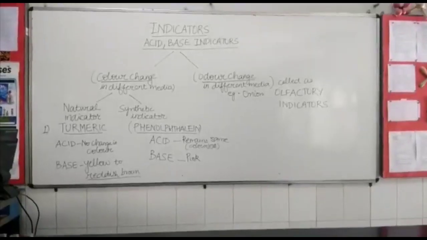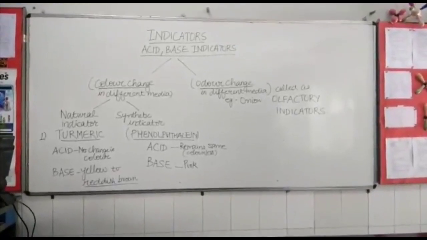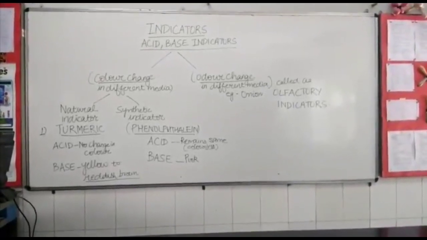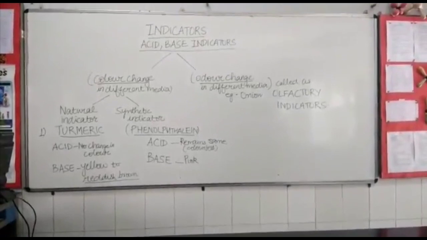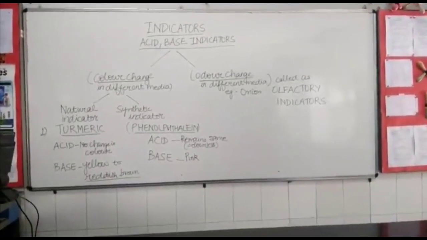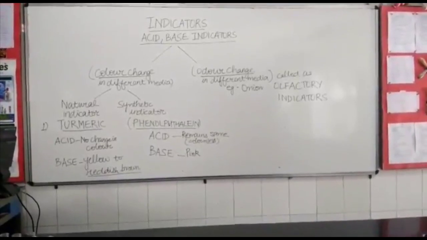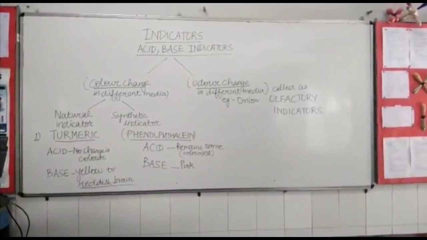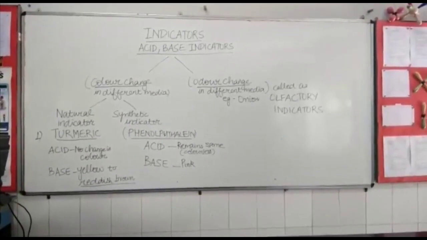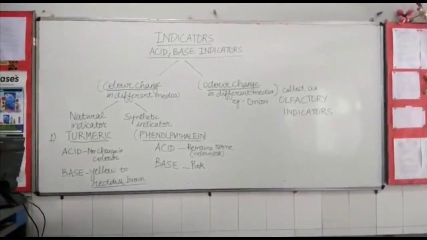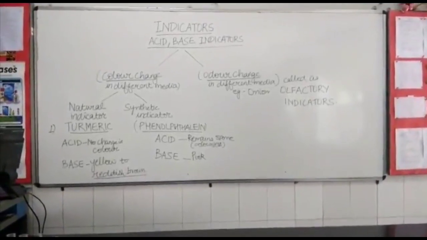We will be studying about the indicators. Indicators are the substances which help us to differentiate between an acidic, a basic or a neutral solution. Broadly, they are classified into two categories: acid-base indicators that show color changes in different media, and acid-base indicators that show odor changes in different media.